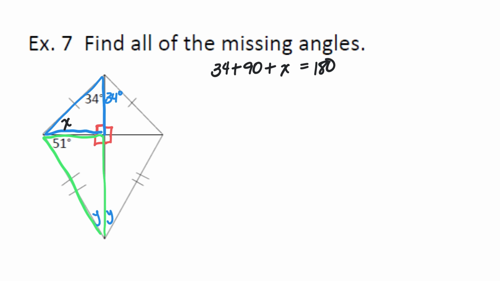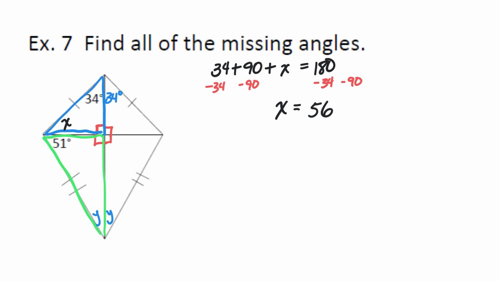When we do that, we get 56. We subtract 34 and we subtract 90. And if you're wondering, well, couldn't you just subtract the 90 and call it 90? Yes, that would be a great move. So what we learn is our angle measurement that is missing is 56.